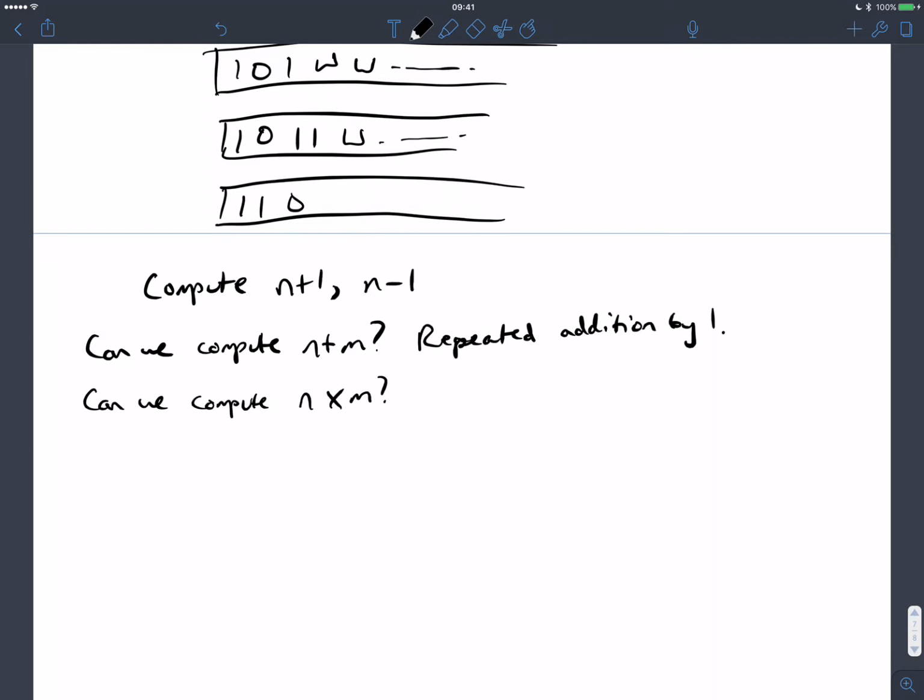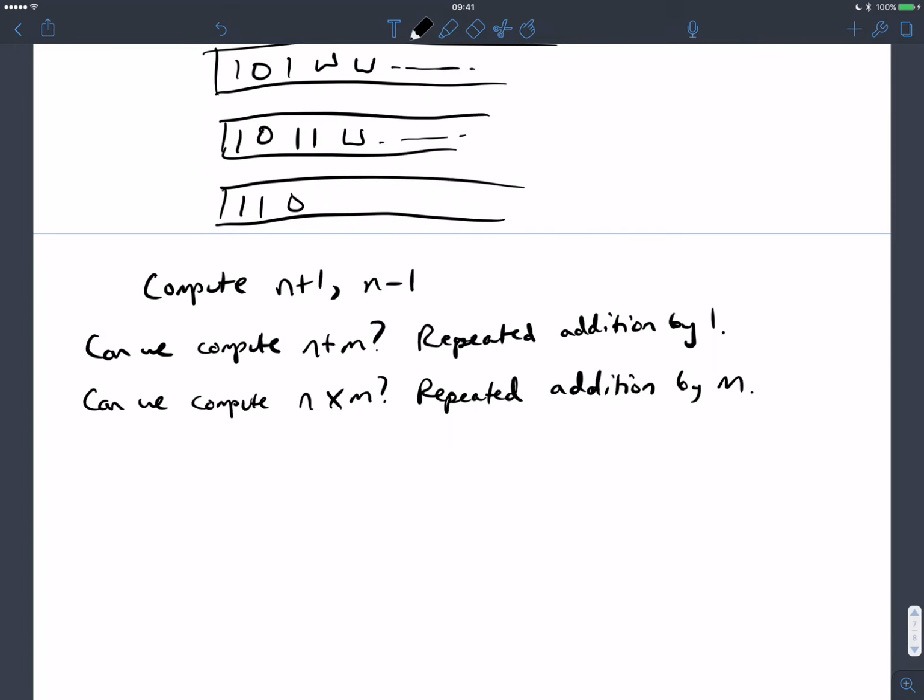Yeah, multiplication's a lot of additions. It's just I add n to my sum and subtract 1 from m here. So it's just repeated addition by m, let's say, which each takes repeated addition by 1.